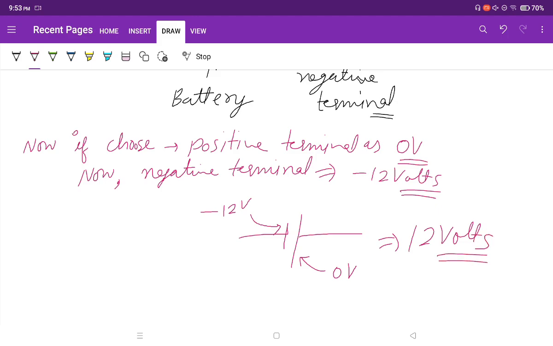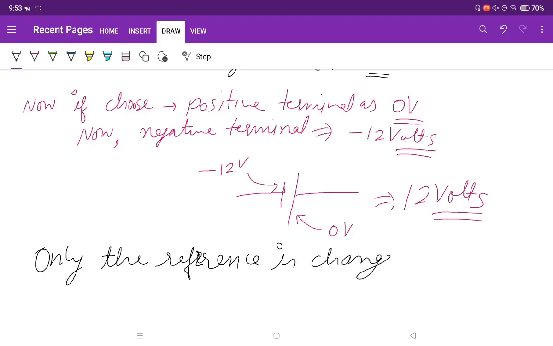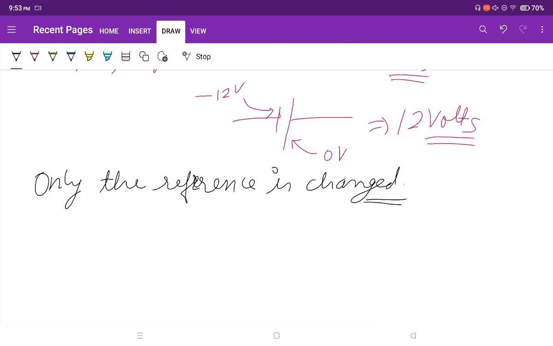Everything is same. Only what we have changed is, we have only changed what? Only the reference is changed, right? This is the most important thing here, correct? Similar goes for potential.